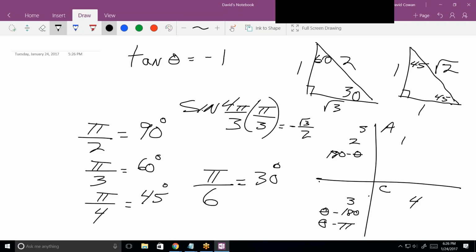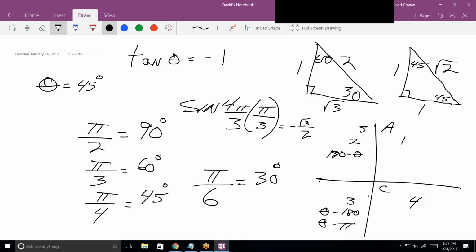Examine the tangent of all three of these angles and tell me which one is equal to 1. 45. Okay, so we know that the angle is 45 degrees, but we need a second and a fourth quadrant angle that are equivalent to 45 degrees.